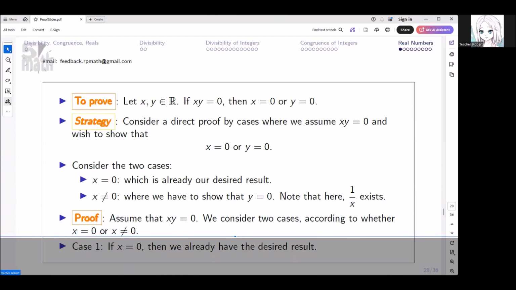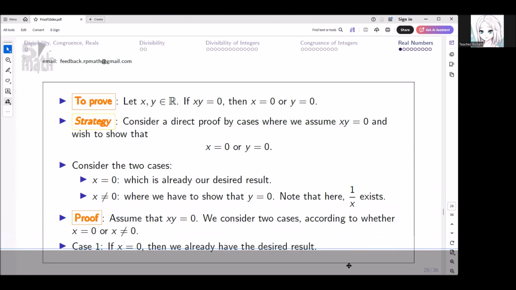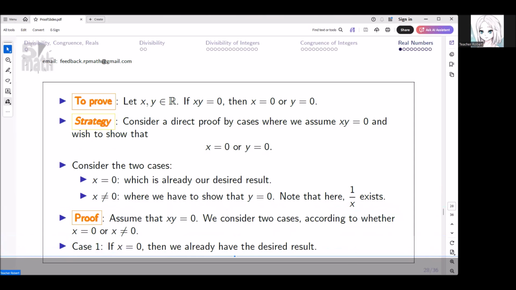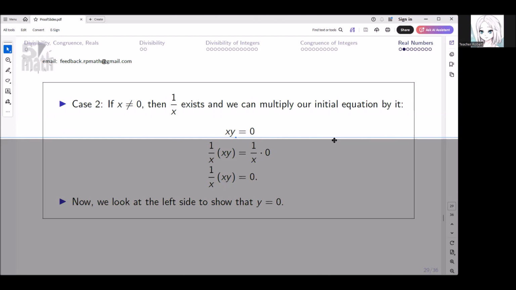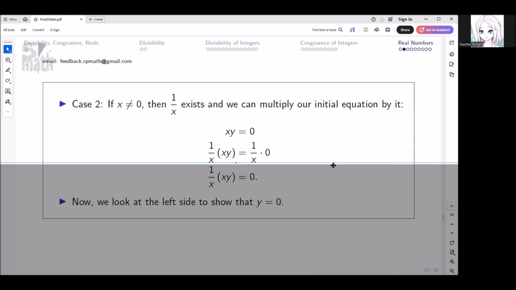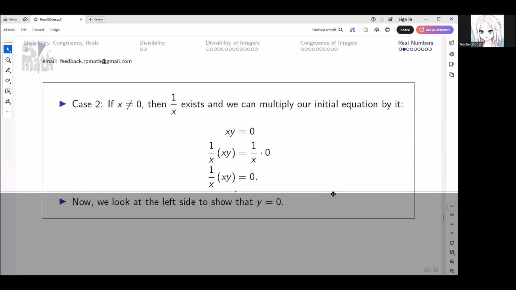Proof. Assume that xy equals 0. We consider two cases, according to whether x equals 0 or x does not equal 0. Case 1. If x equals 0, then we already have the desired result. Case 2. If x does not equal 0, then 1 over x exists, and we can multiply our initial equation by it. xy equals 0, so 1 over x times xy equals 1 over x times 0, so 1 over x times xy equals 0.